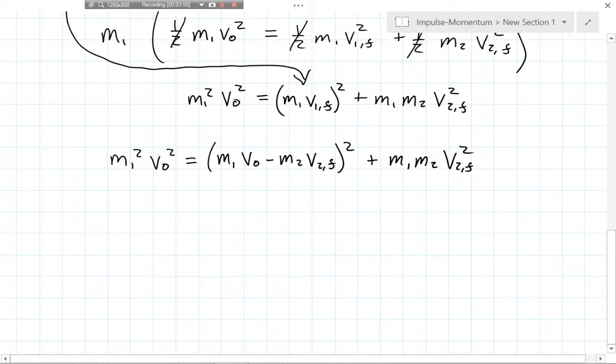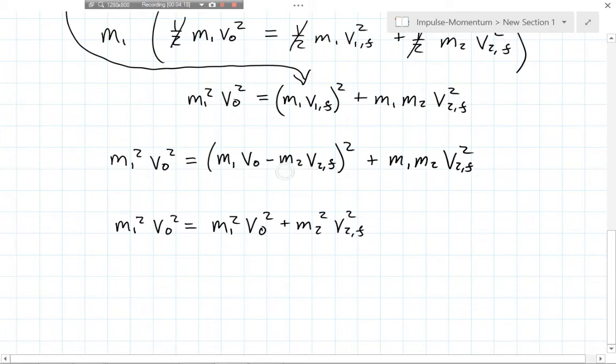And now I'm going to go ahead and FOIL this out. And once I do that, I should be able to cancel things and simplify this expression. So here we have m1 squared v initial squared is equal to, so remember, when you FOIL, you take the first number and square it. So this is m1 squared v initial squared. And then plus the second number squared, so this will be plus m2 squared v2 final squared.